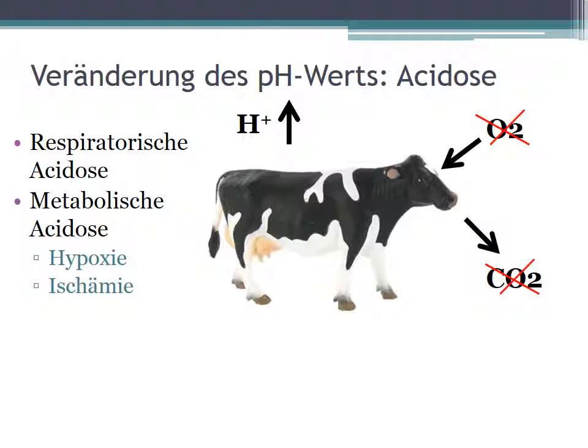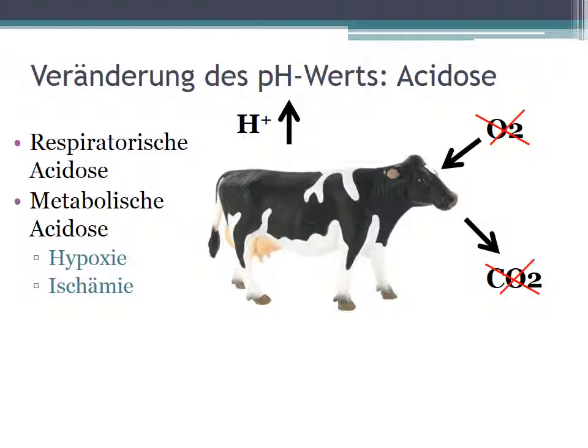So the question is, why is it so relevant when there is a change in pH? It's actually a central topic, especially in human and veterinary medicine, because there's a state called acidosis, when the body can't take up all the oxygen it needs, or can't exhale properly and get rid of all the CO2 that it produced.